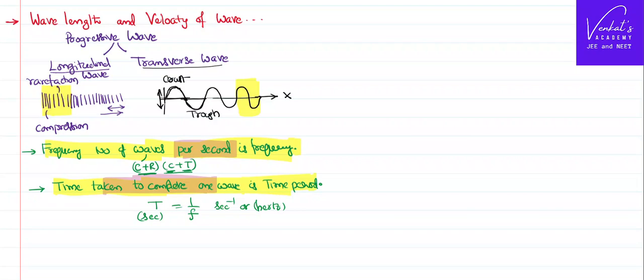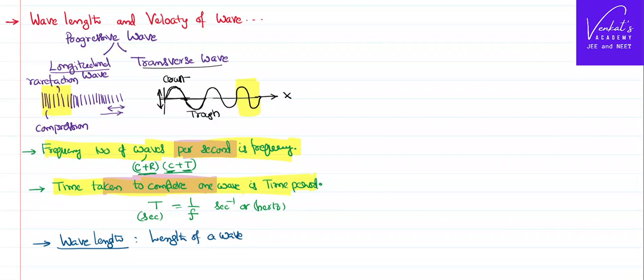Now I want to explain one more term called wavelength. The name itself tells you it's the length of a wave. Wavelength means simply length of a wave. What do you mean by a wave?